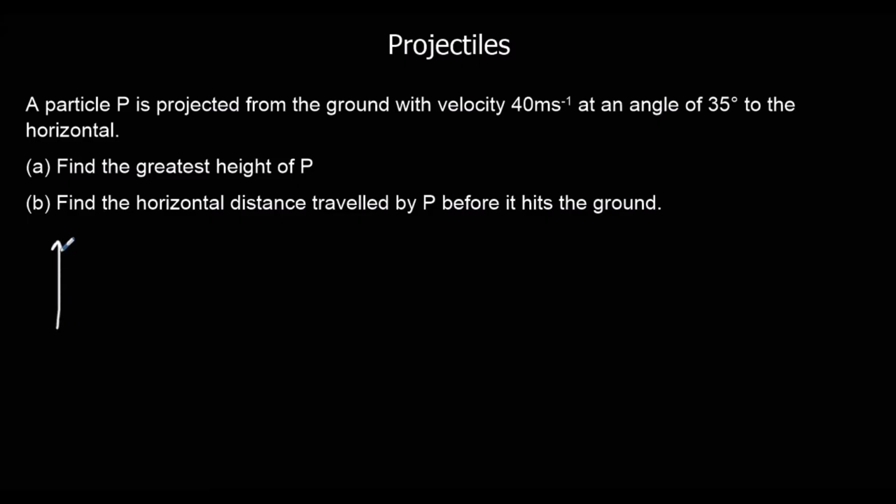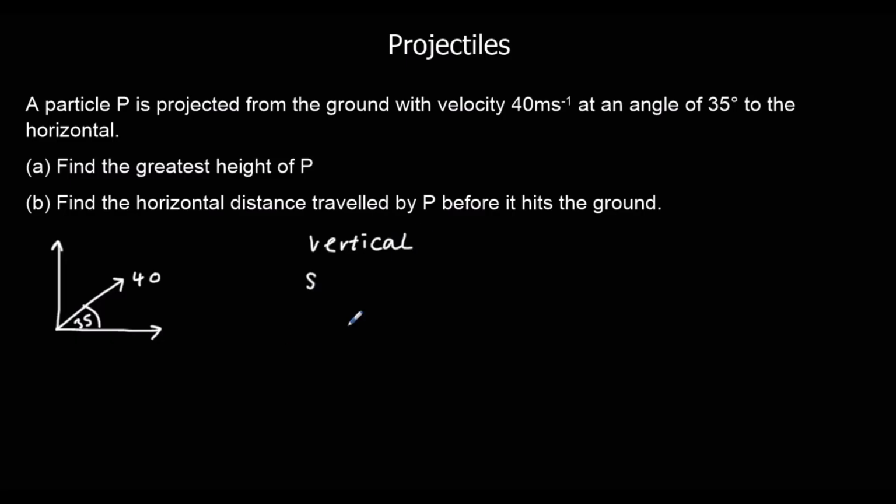So what we're going to do is split up the velocity into a vertical and a horizontal component. So we've got 40 meters per second at an angle of 35 degrees to the horizontal. If we look at vertical motion, we're going to have suvat.